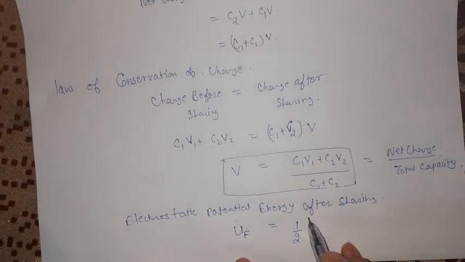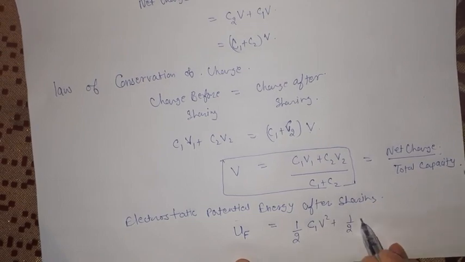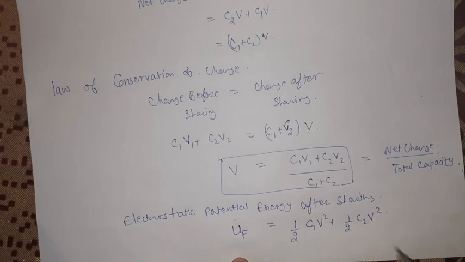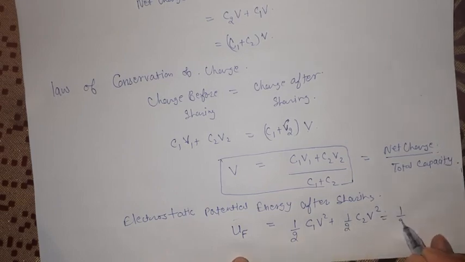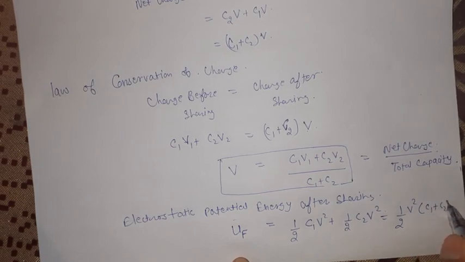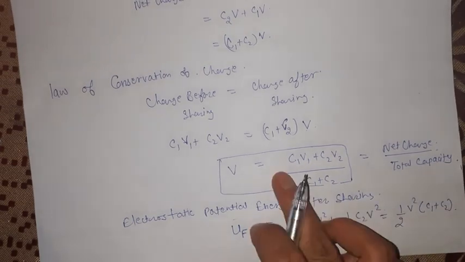So thus I have 1 by 2 C1 V square plus 1 by 2 C2 V square. Over here, 1 by 2 V square is common, and inside it is C1 plus C2. This can be written over here. And how much is the value of this common potential?